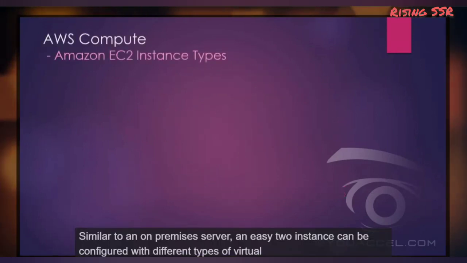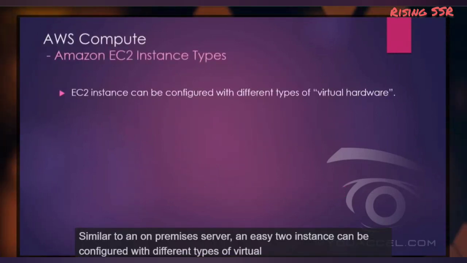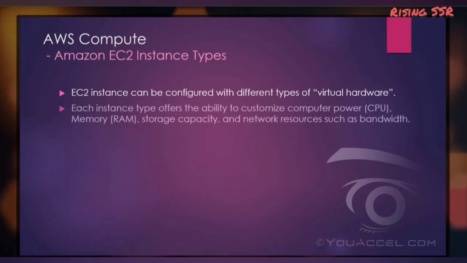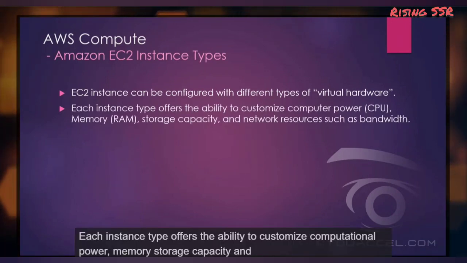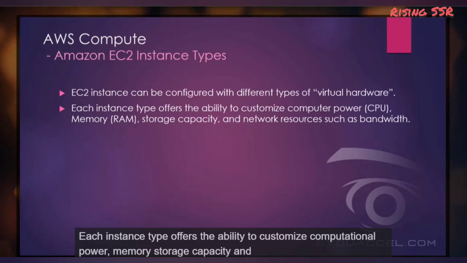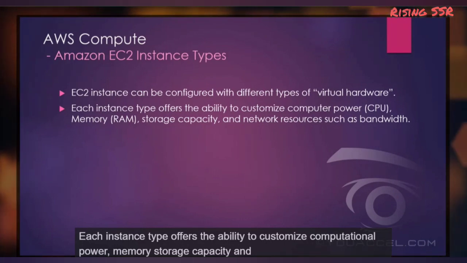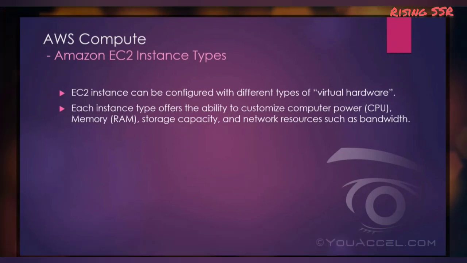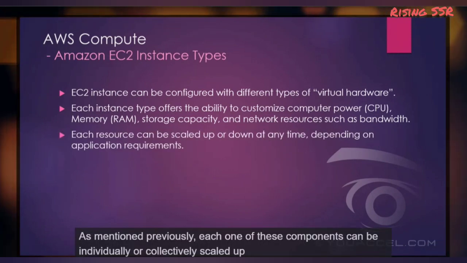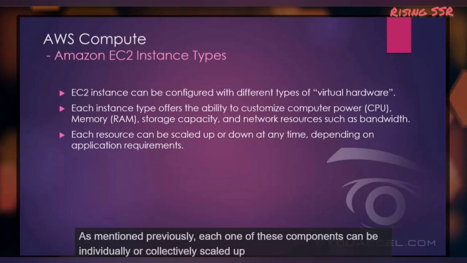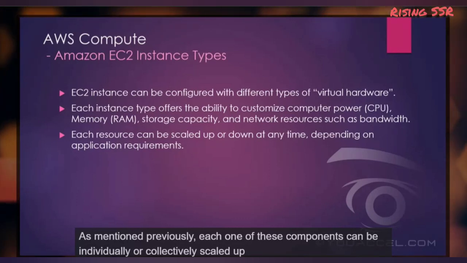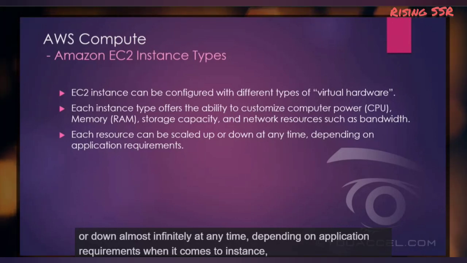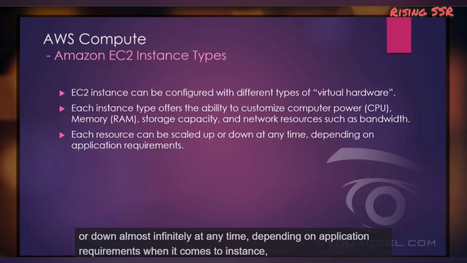Similar to an on-premises server, an EC2 instance can be configured with different types of virtual hardware. Each instance type offers the ability to customize computational power, memory, storage capacity, and network resources such as bandwidth. As mentioned previously, each one of these components can be individually or collectively scaled up or down almost infinitely at any time depending on application requirements.